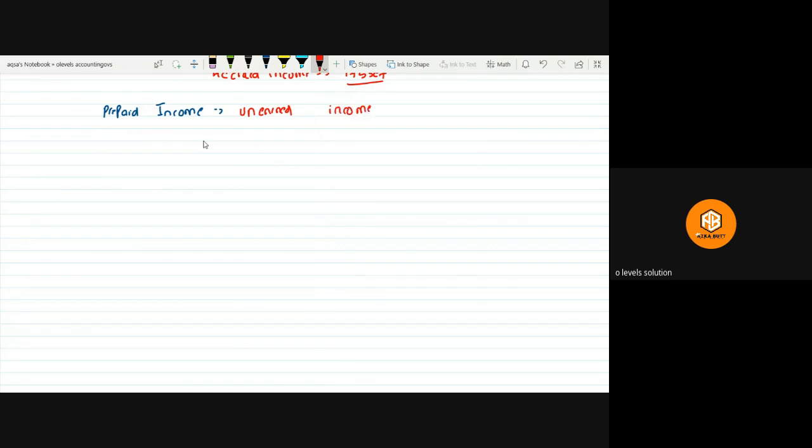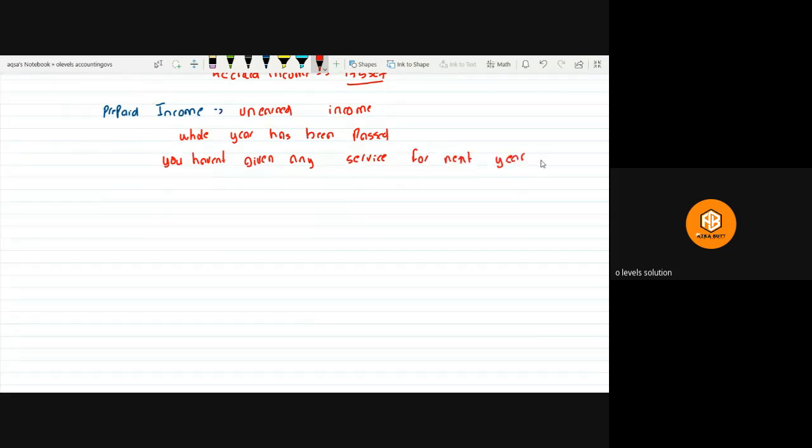Unearned income means the whole year has passed, we haven't given any service for next year, but we receive the money.